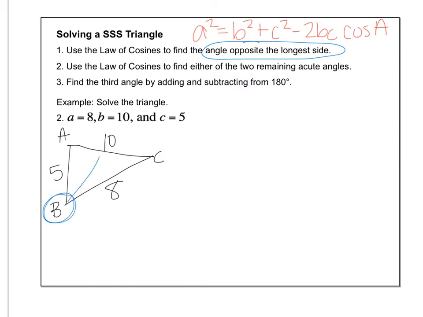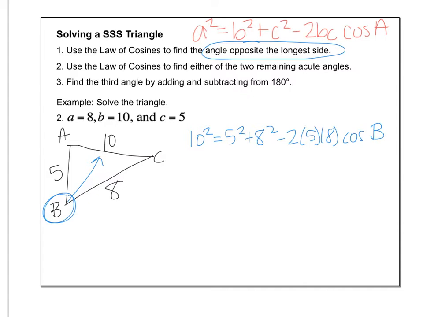So if I want to find B, I have to start with the side that's across from it. That's going to go first. So it's going to be 10 squared equal to the other 2 squared minus 2 times 5 times 8. And then it'll be cosine of B, because that's what we're trying to find. This is similar to the last thing that we did, where we're going to have to simplify this in chunks here.